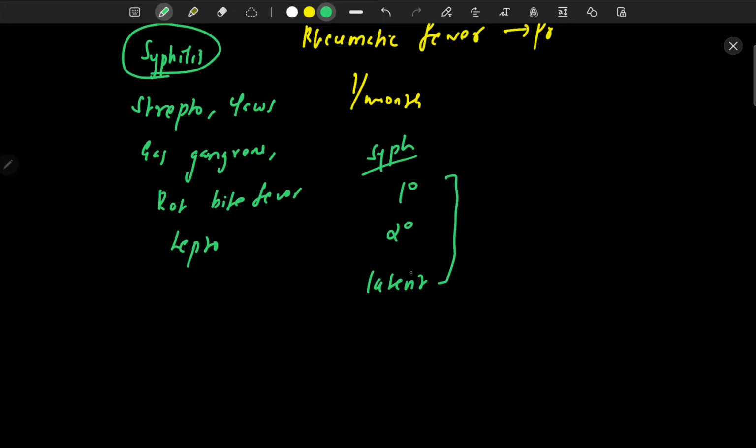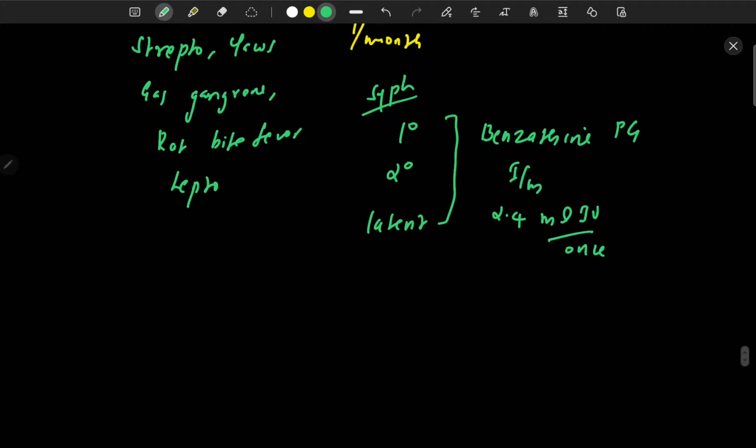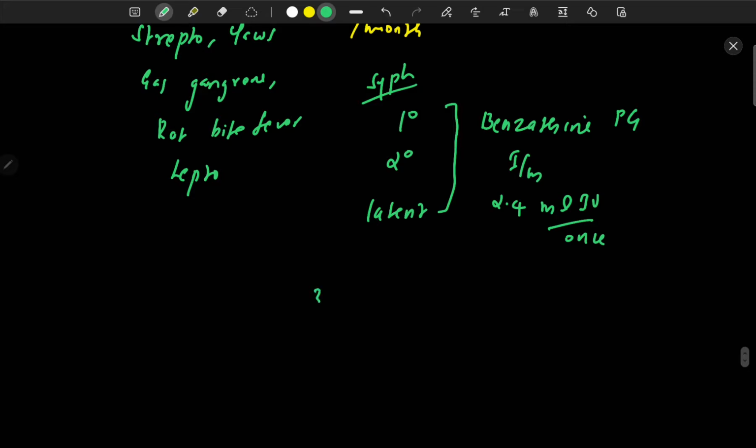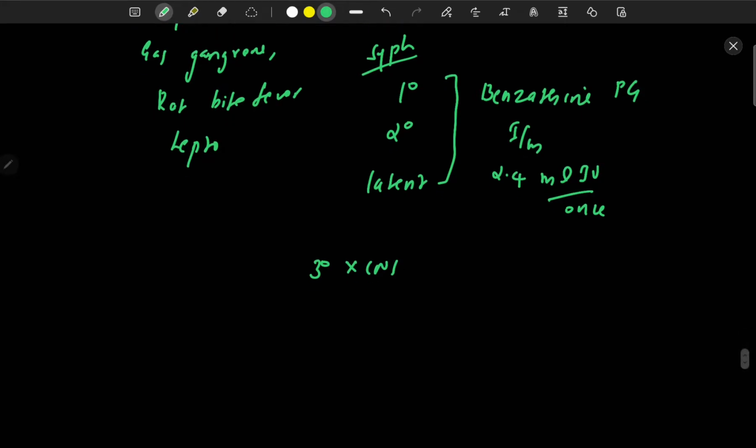In this condition, we can give benzathine penicillin G intramuscularly, 2.4 million international units, once.